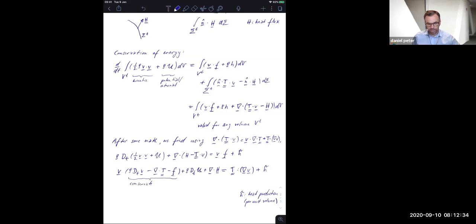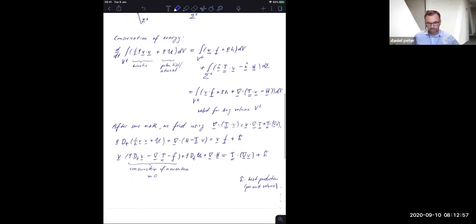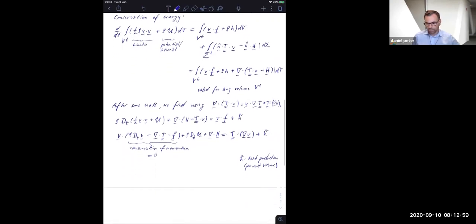This is conservation of linear momentum. And what it means is that it cancels out basically. So then things get a bit simpler.